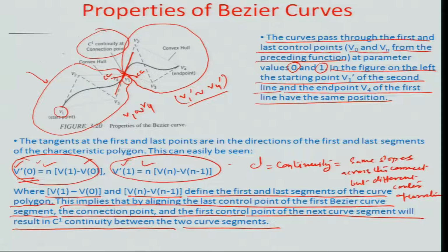So let us now try to arrive at these two conditions mathematically and see, by putting the Bernstein polynomial function and trying to find out what is the v, whether we are able to hit upon this condition here. So let us look at v dash 0 and v dash 1 and how they would be obtained mathematically or numerically.